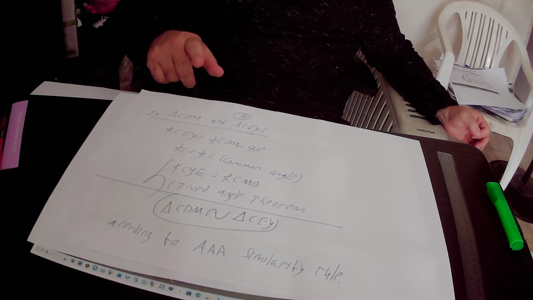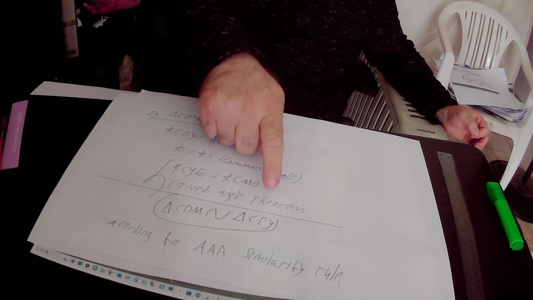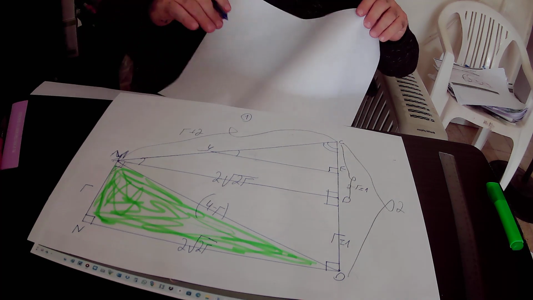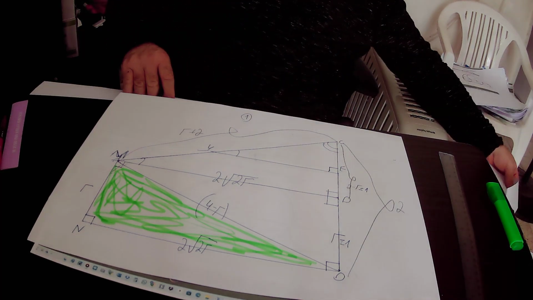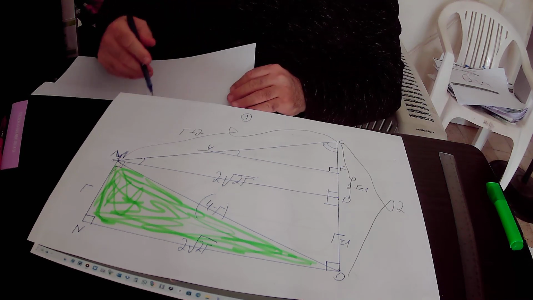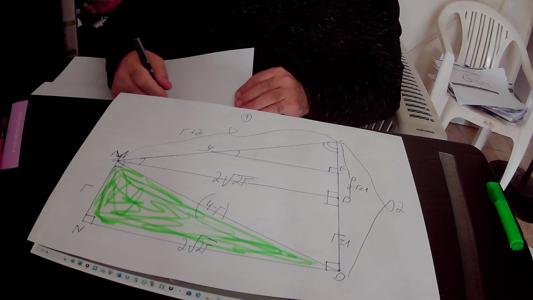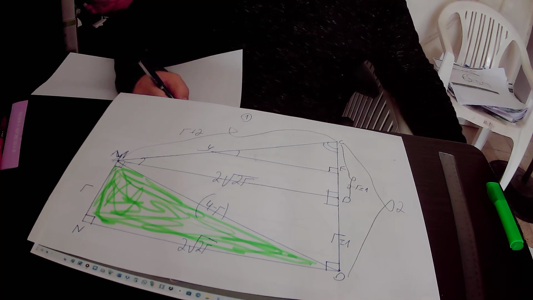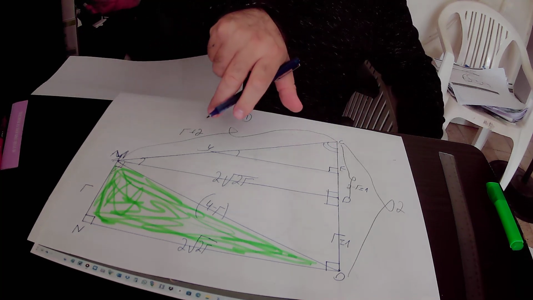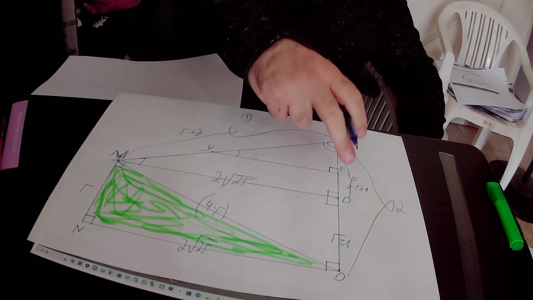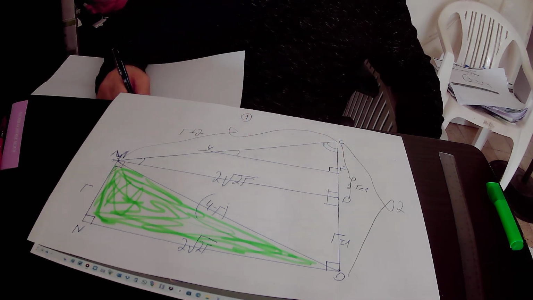So from the fact that triangle CDM is similar to triangle CEY, we will conclude that the following equality is true. CE over CY in triangle CEY equals CD over CM in triangle CDM.